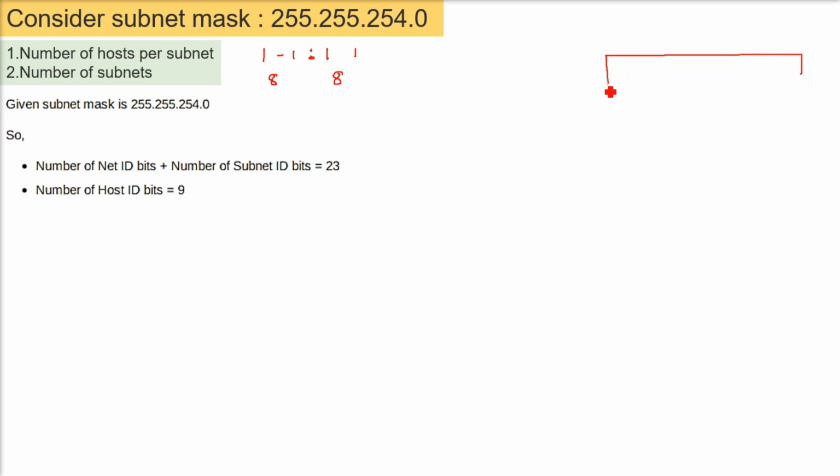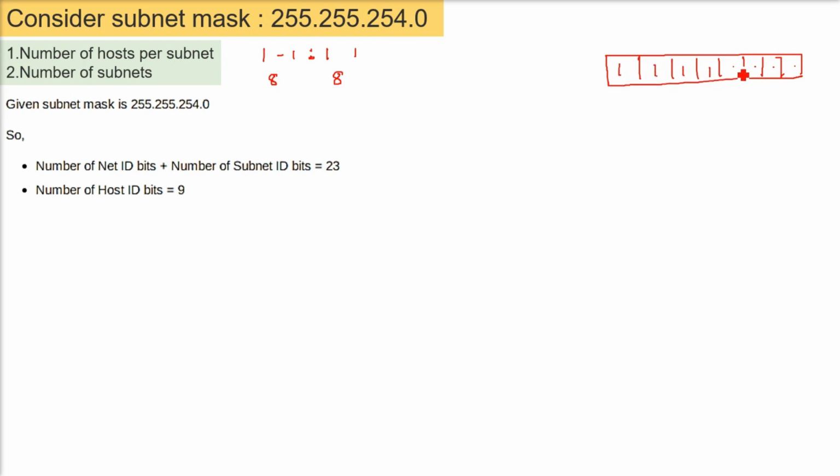Again the same thing we'll do. We'll make a box. We know the weight or value of each box, and we'll see how many of these values will add to 254. And all these places will be assigned 1, others will be 0.